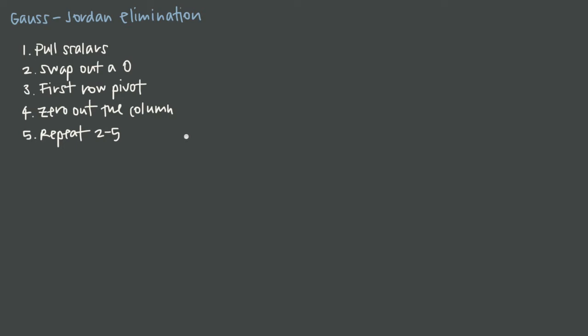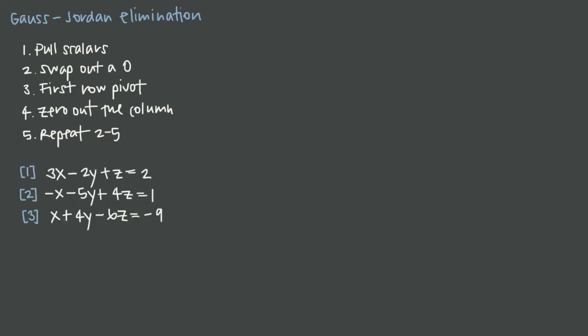So to see what this process looks like, let's use the system of 3 linear equations that we've used before. And we already know that if we transfer this system into a matrix, we get this matrix here.